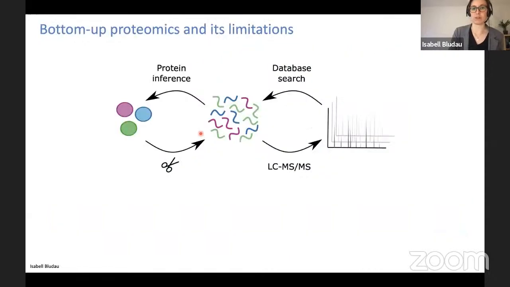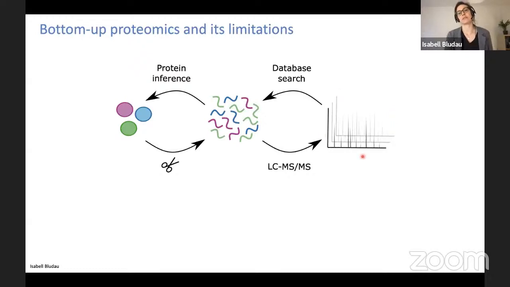proteoforms in bottom-up proteomics. So for this, I want to go back to the general principles of bottom-up proteomics and highlight its limitations. So in a standard workflow, we start from proteins, we digest them into smaller MS accessible peptides, and then we perform our mass spec analysis.